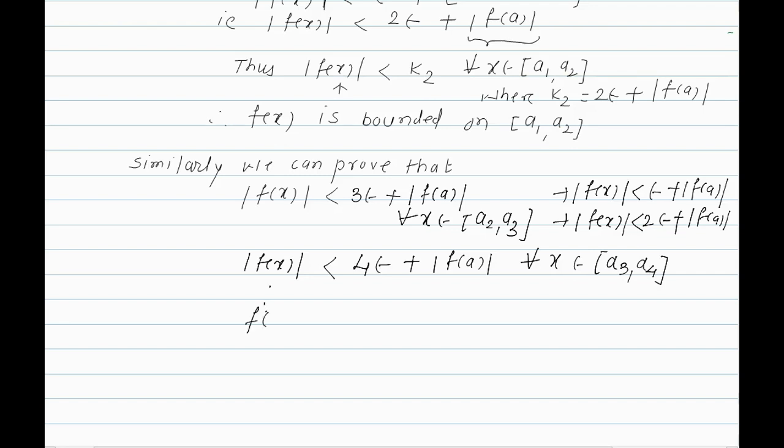For the nth interval, it will be n times epsilon plus mod of f of a for all x in the nth subinterval a(n minus 1) to an, but an is b.